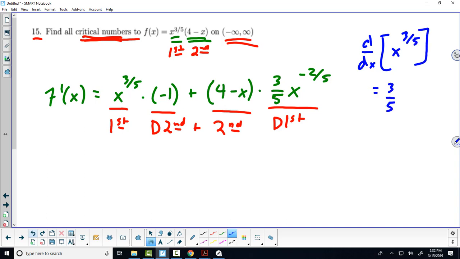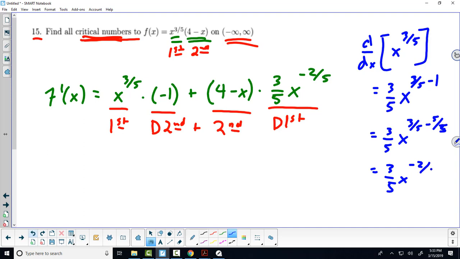Well, we multiply by the power from our power rule, and then what do we do? We subtract 1 from the power, so x to the 3/5 minus 5/5, which is how we got 3/5 x to the negative 2/5, since 3 minus 5 gave us negative 2. So that's how I did that derivative right here.